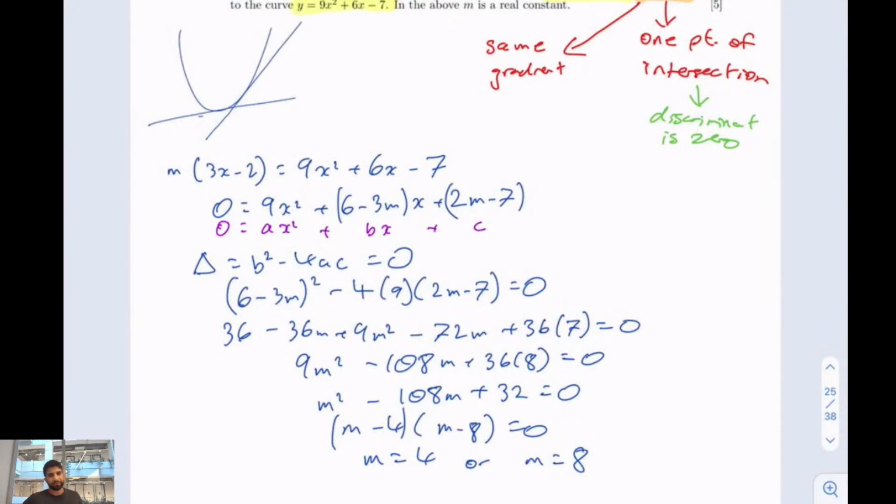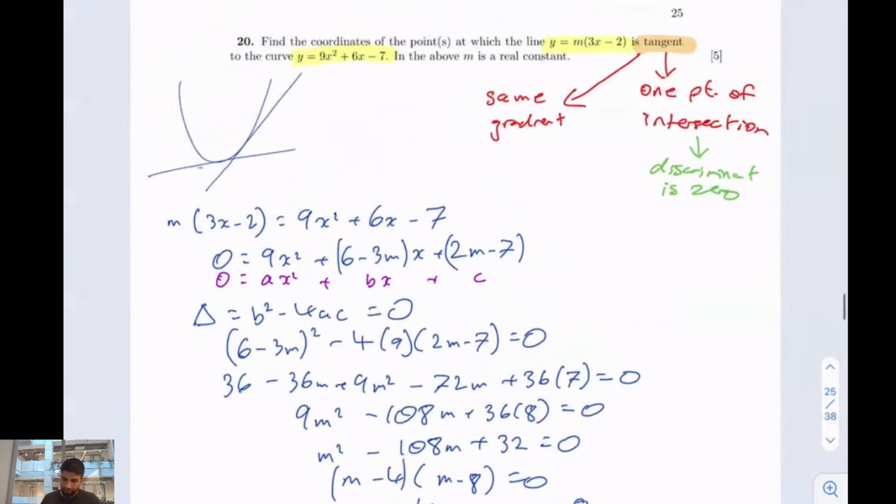So that's giving us the m values, but that's still not telling us what the points of intersections are. So what we can then do is use the other piece of information, because we said we use this. That's we know that they are tangents. There's only one point of intersection, but then we can use the fact that they're the same gradient.